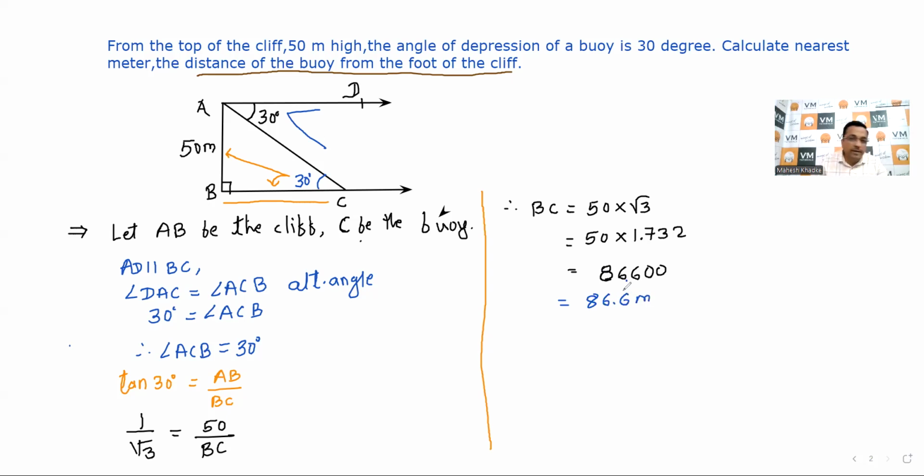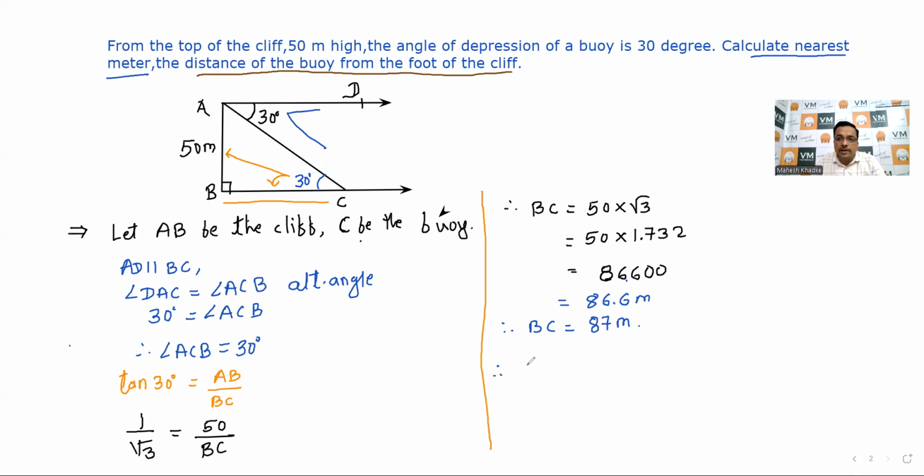But the question is that यहाँ पे दिया है calculate nearest meter. Nearest meter means you have to convert into whole number. So therefore BC is equal to 86.6. So decimal place is 5 or more than 5. So omit that one and increase the previous number by 1. So it becomes 87 meter. So this is a word problem.